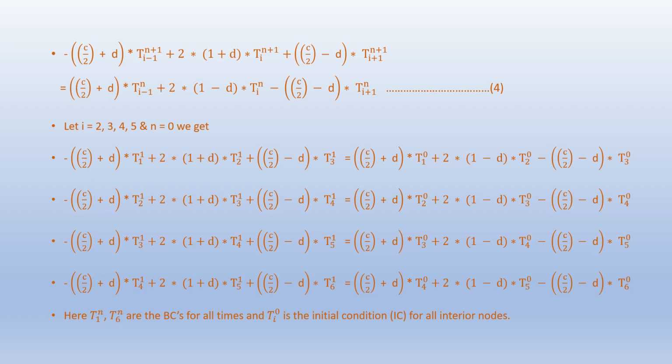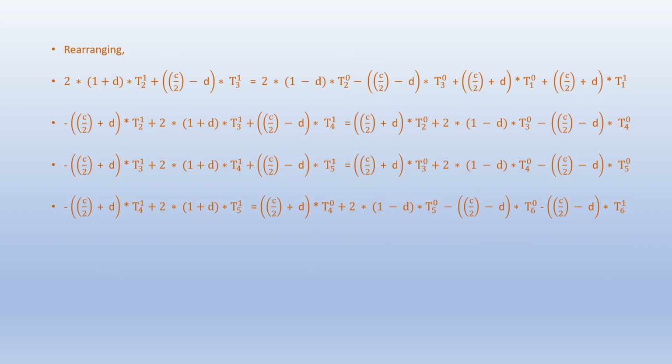Here T_1^n and T_6^n are the boundary conditions for all times, and T_i^0 is the initial condition for all interior nodes. We can further rearrange this equation by bringing the boundary conditions, which are known for all times, to the right hand side for the first equation and the last equation.